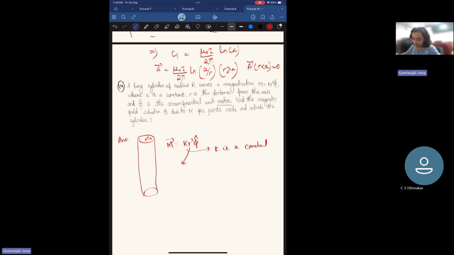So we need to calculate what B will be. M is given, so let us first calculate the bound current densities. From that you can calculate H, or you can directly calculate the total current, and from the total current we can calculate B. Let us see first the volume current density.